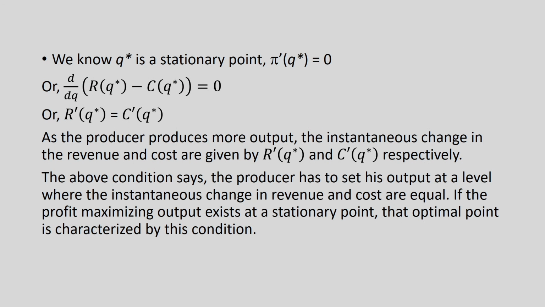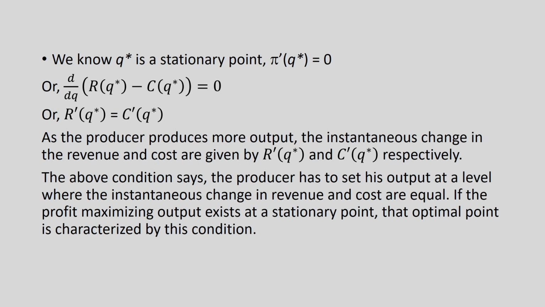So, if it is inside, it is an interior point, then it must be a stationary point, because it is a differentiable function. So, there cannot be cases of kink points. So, there is only one possibility that this is a stationary point. So, Q star is a stationary point.